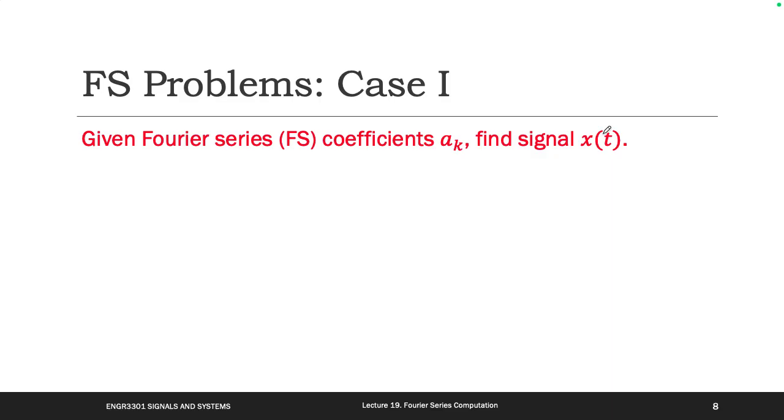Euler equation? That is for this other one. For this one, you need to use signal synthesis. But the first step, you must find the fundamental frequency, omega naught, am I right?